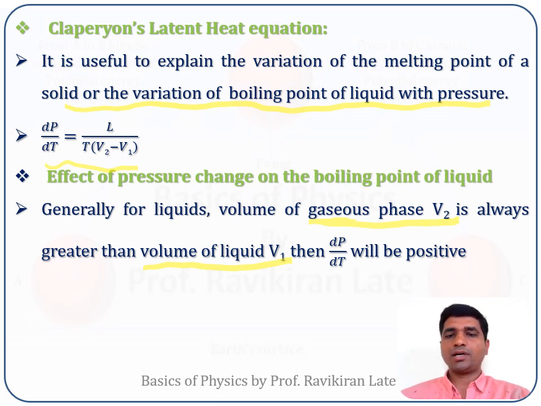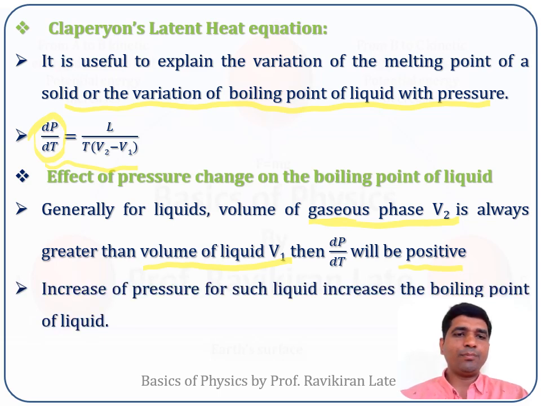Whenever a liquid goes into the vapor state, its volume goes on increasing, as the volume of the gaseous phase is more than the volume of the liquid phase. In this Clausius-Clapeyron equation, the coefficient dP by dT will be positive for this case, because V2 minus V1 is a positive number, as V2 is greater than V1.